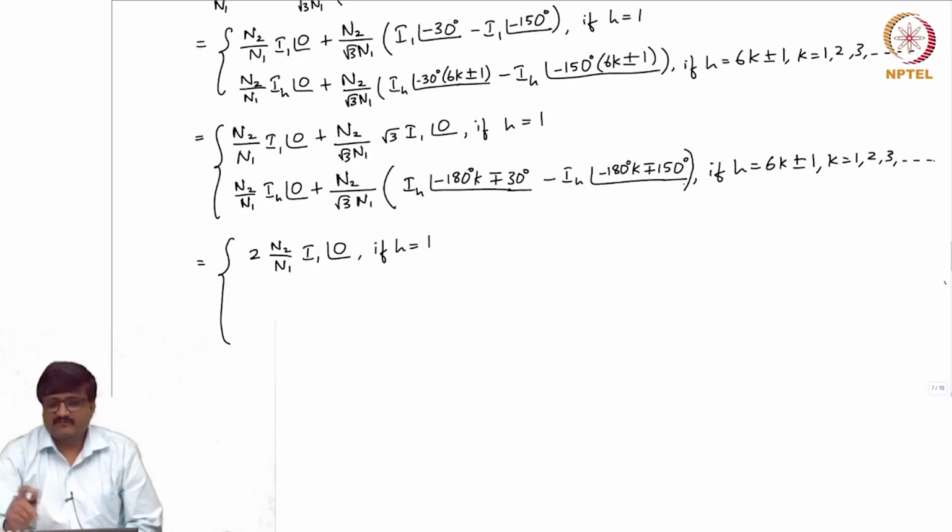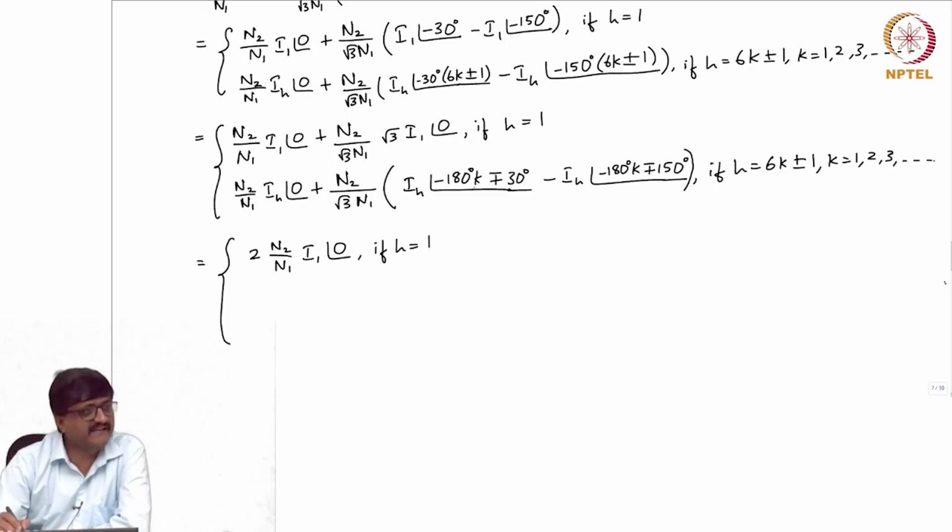Yeah, one should note that whenever k is an even integer, this becomes 0. 180 degree into k is 0 whenever k is an even integer, and whenever k is odd, it is minus or plus 180. Minus 180 and plus 180 are one and the same. So, there are actually two further special cases. I split this special case into two further special cases, one case being k odd, other is k even.